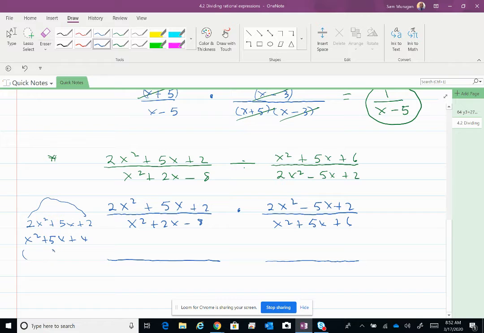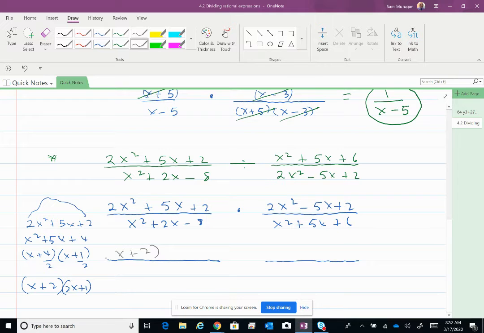Factor this. That gives me x plus 4, x plus 1. And then go ahead and divide by the 2 that I multiplied by. So this is x plus 2, 2x plus 1. So I'm going to go ahead and write that in here.